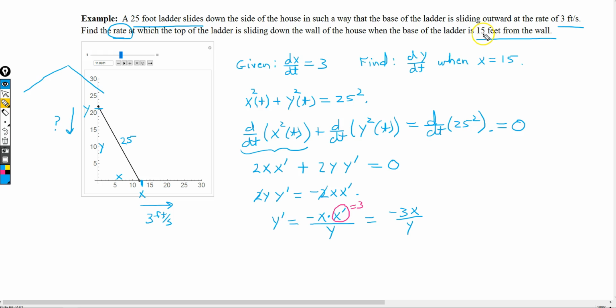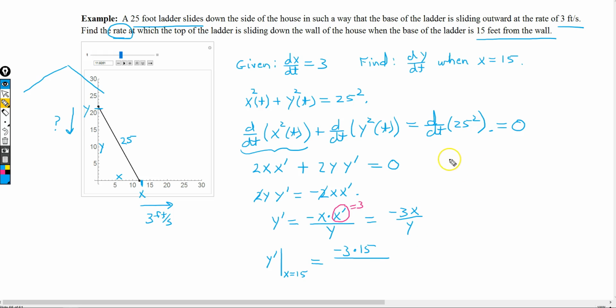And now, y prime when x is 15. Notice we do not plug the 15 in until after we've differentiated everything. So y prime when x is 15 is going to be negative 3 times 15 divided by, well, now we need to find what y is. We're not given what y is. Well, from our equation x squared plus y squared equals 25, we can solve for the y.